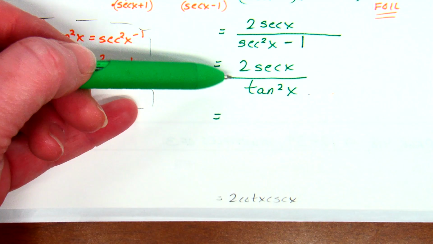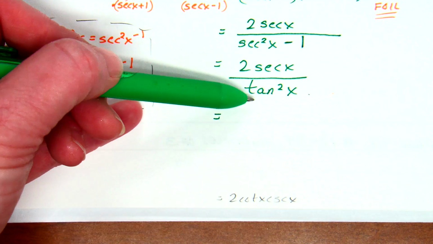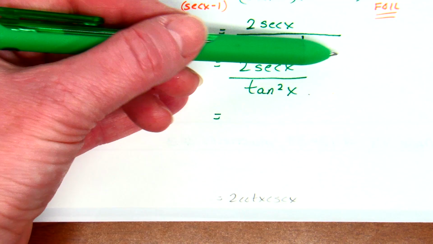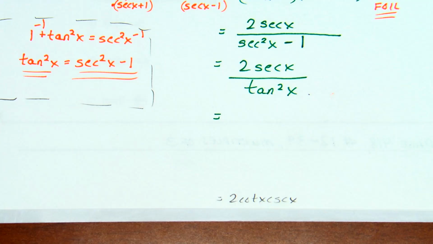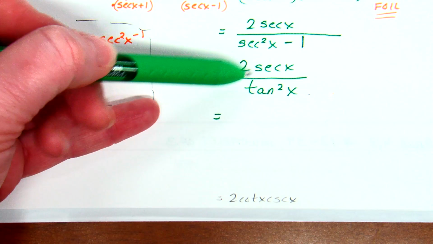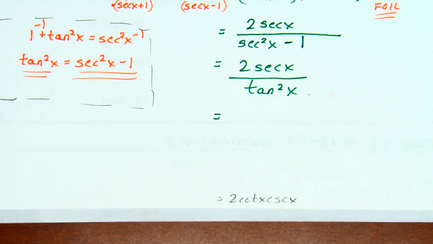And now I am definitely good with the idea of thinking in terms of sines and cosines. The whole number 2 is a whole number 2. What is secant? The reciprocal of cosine, so 1 over cosine x. What is cotangent squared x?